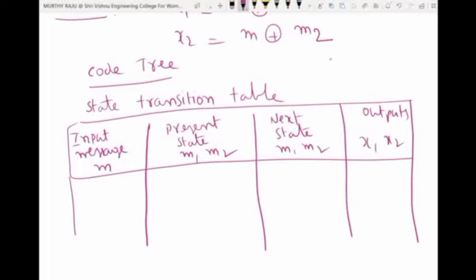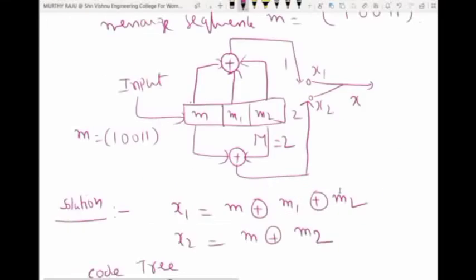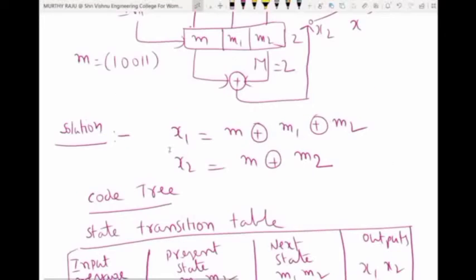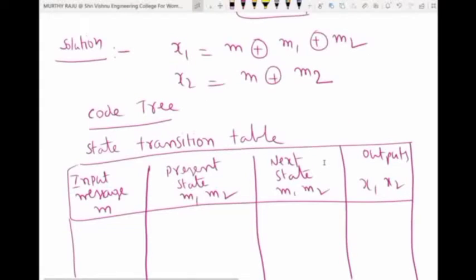Here in this diagram, M1 and M2 are the previous two successive bits. Therefore, capital M equal to 2 represents the state of the convolutional encoder. Here X1 is equal to M exclusive or M1 exclusive or M2, X2 is equal to M exclusive or M2.